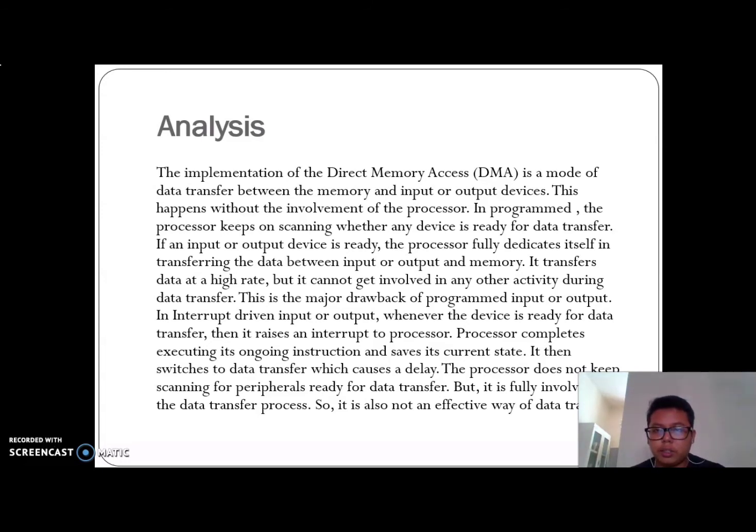It then switches to the data transfer, which causes a delay. So the processor does not keep scanning whether a peripheral is ready for data transfer, but it is fully involved in the data transfer process. So it is also not an effective way of data transfer.